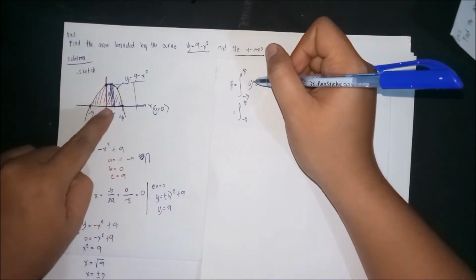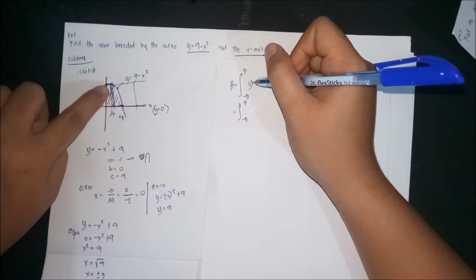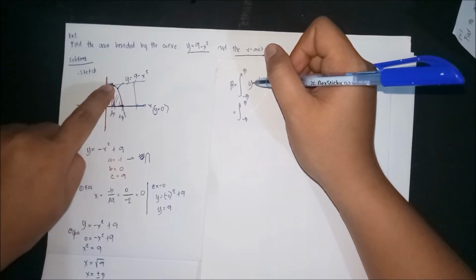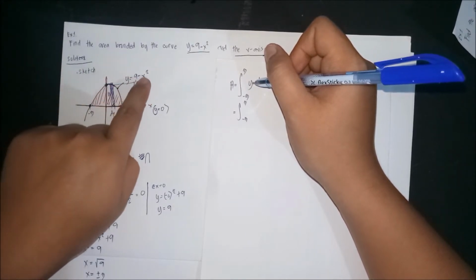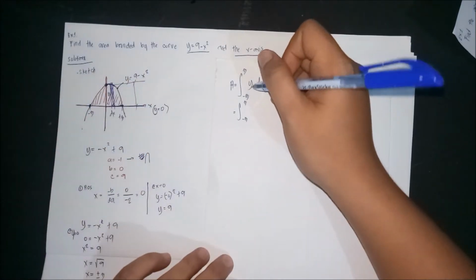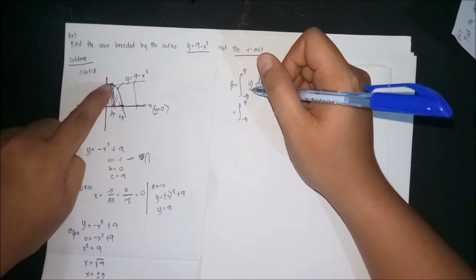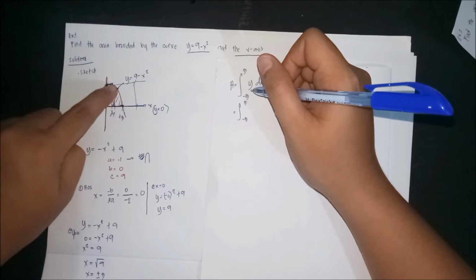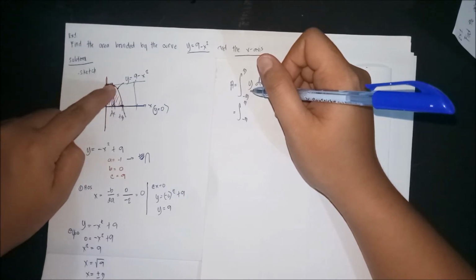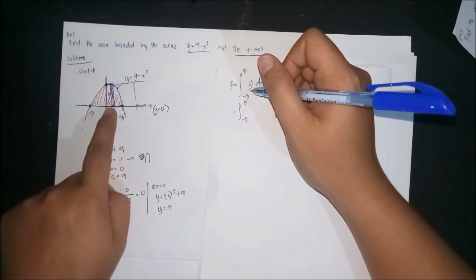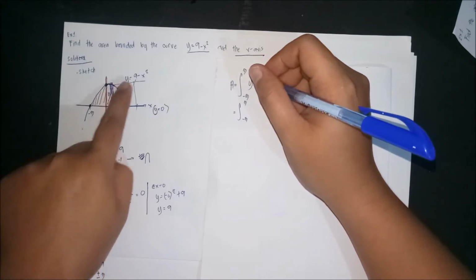Yung y natin, class, take note, ito yung length. Wherein yung length natin, itong nasa taas, is yung graph, or itong ating equation. So, we will replace that. Upper natin is y is equal to 9 minus x squared. Yung lower natin, class, that is just y is equal to 0.